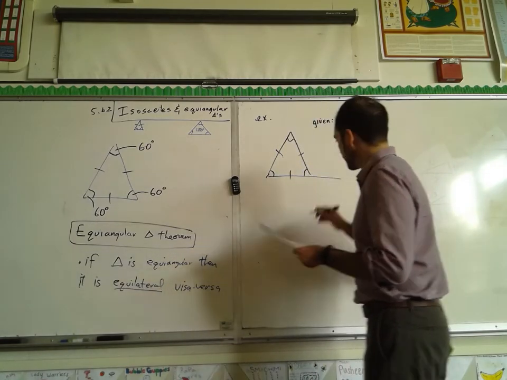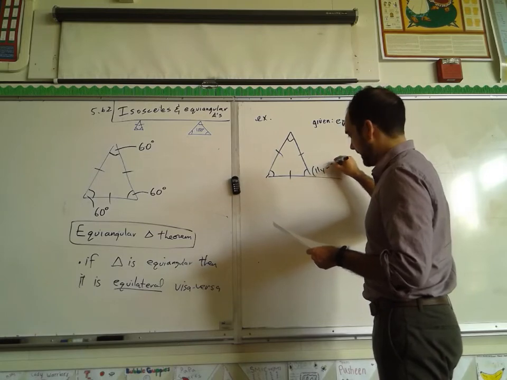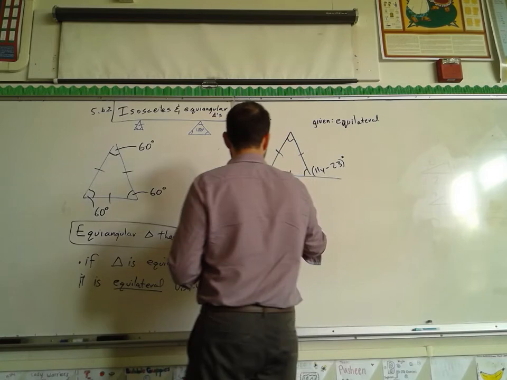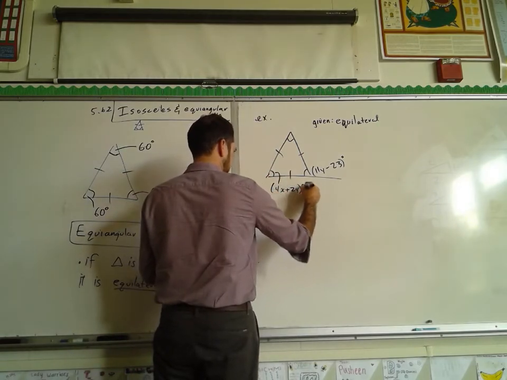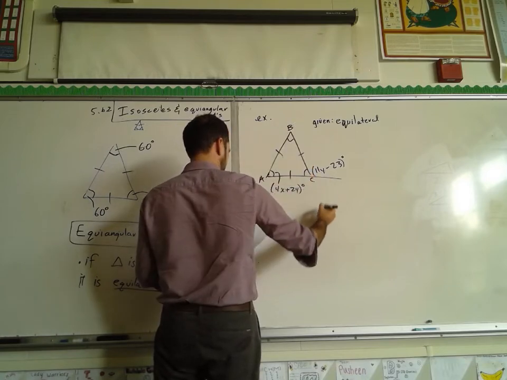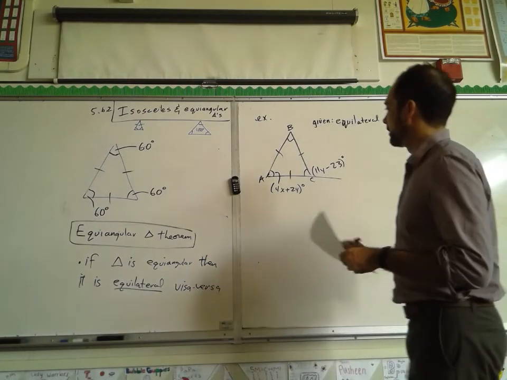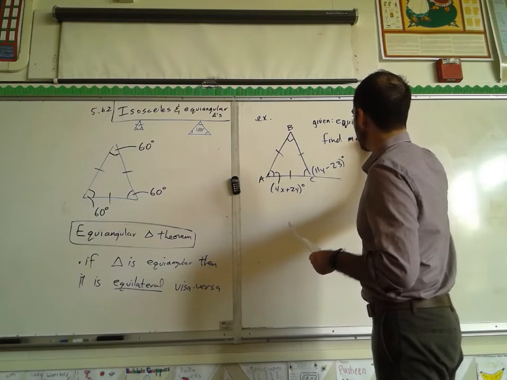We're also told that this outside angle is 11y minus 23 degrees. And we're told that this one here is 4x plus 24 degrees. Okay. Let's call this A, B, C. And we'll go ahead and say that we're looking for angle A. So find the measure of angle A.